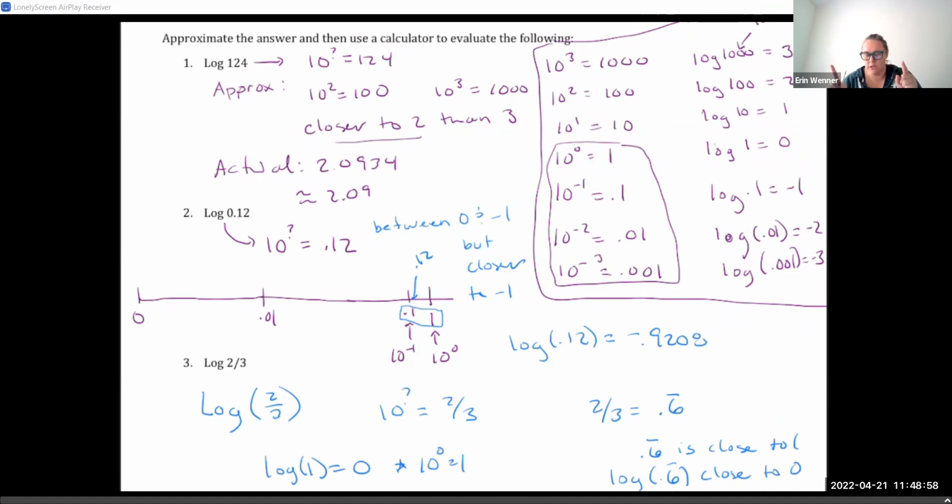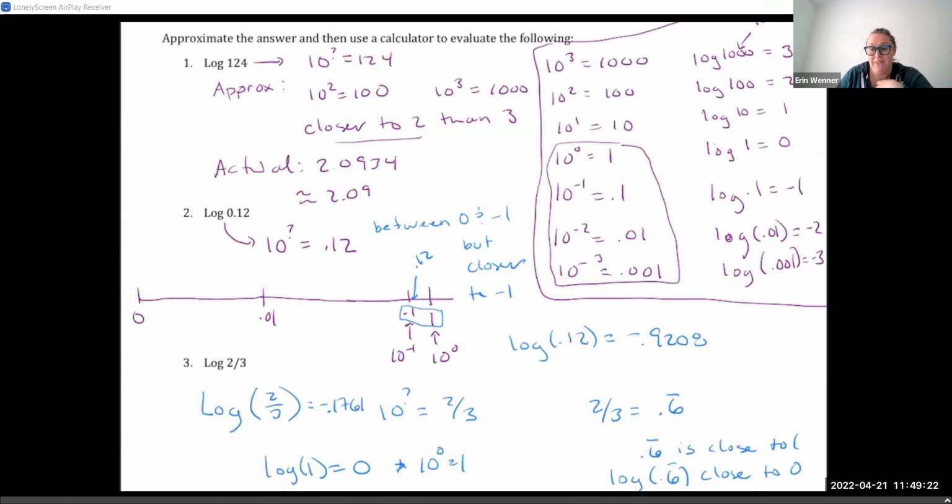They're inverses of one another, right? So because 0.6 repeating is close to 1, we are going to say that the answer must be close to the log of 1. And when we put this into our calculator, we get negative 0.1761.